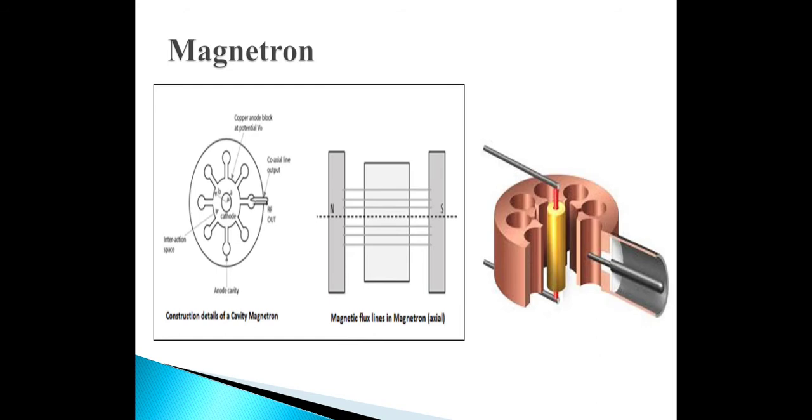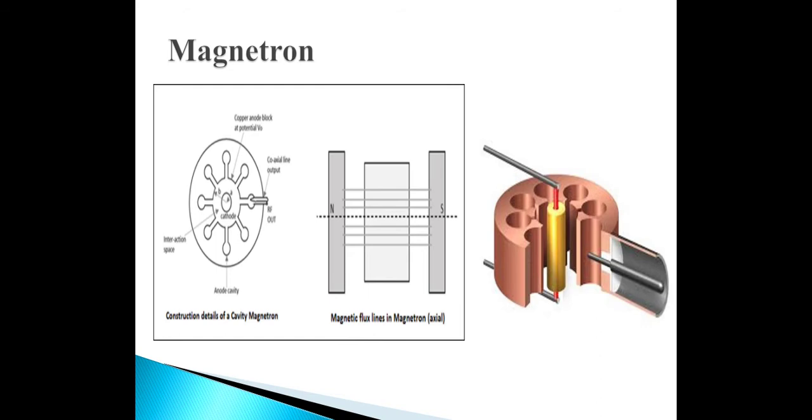To understand the operation of the cavity magnetron, we must first look at how the electron behaves in the presence of crossed electric and magnetic fields.